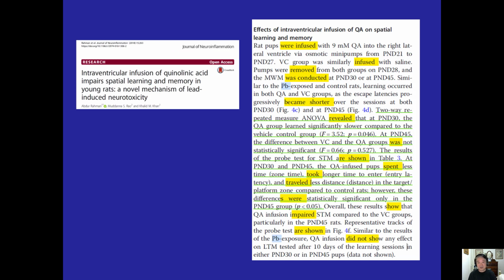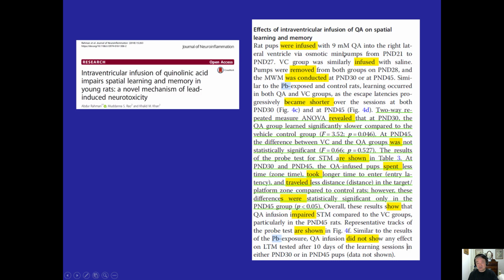Now here's another paper about the results section. They published this paper in the Journal of Neuroinflammation. Intraventricular infusion of quinolinic acid impairs spatial learning and memory in young rats. Now here you can see they use a different type of approach to present the results. At the beginning, they have used a little bit.